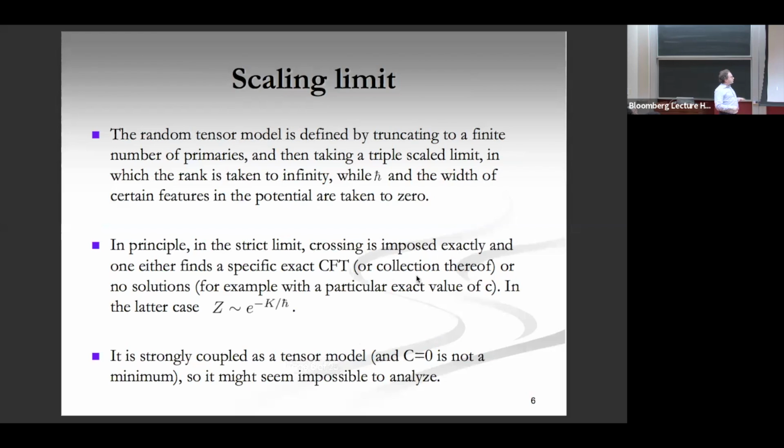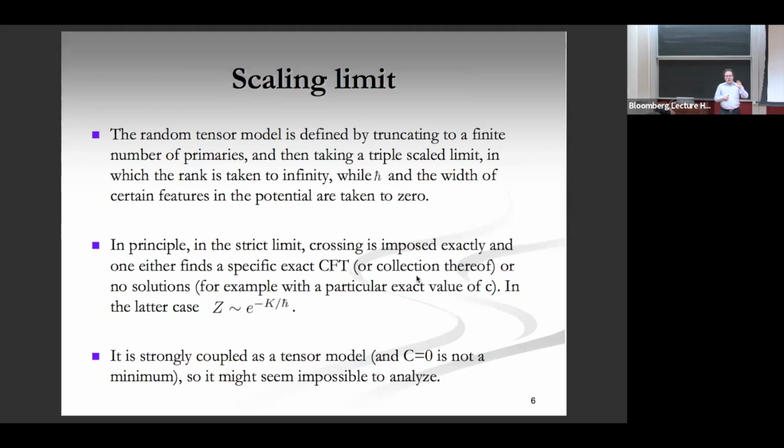Fine. So again, just to specify how we should think about this integral, it's like a triple scaled model. It's certainly double scaled because the rank, in the sense of the number of eigenvalues, is being taken to infinity, because I'm discussing irrational CFTs, and this h bar parameter is taken to 0.